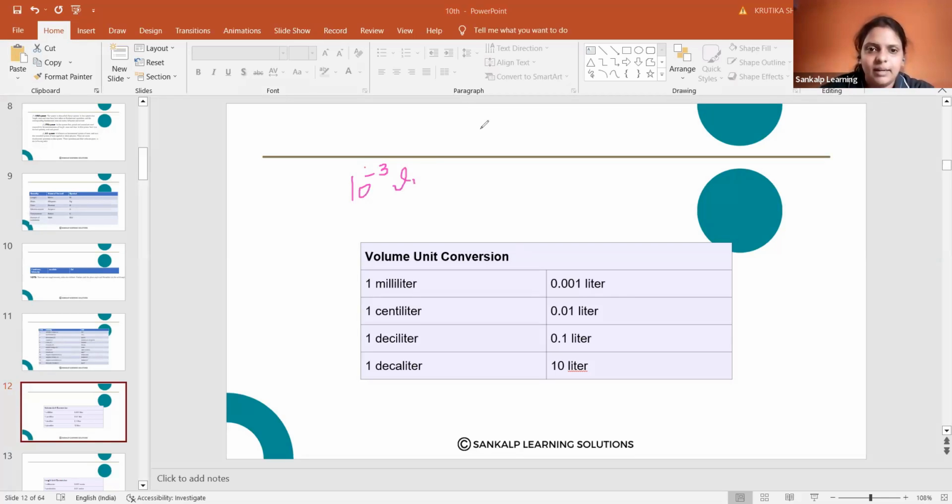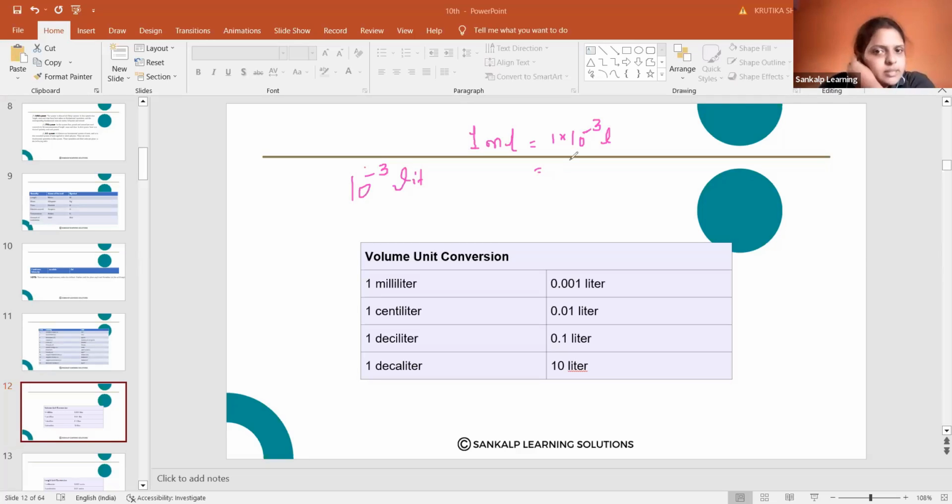So if you say 1 milliliter, this can be written as 1 into 10 to the power of minus 3 liter. It is 10 to the power minus 3 liter.